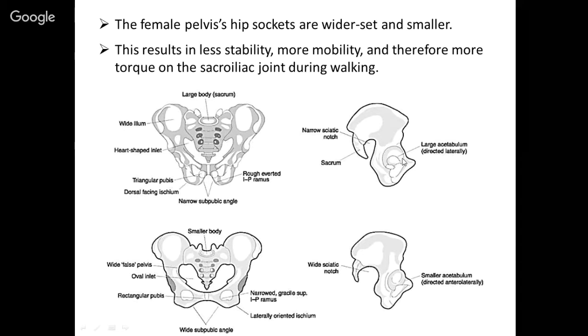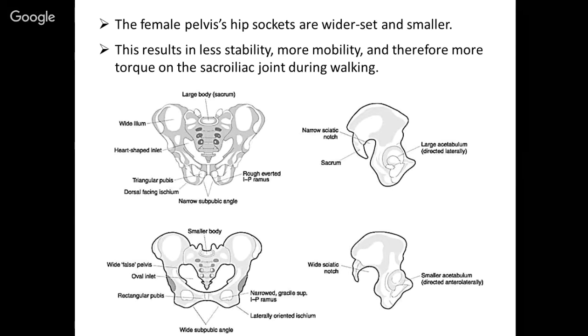And then if you look at the actual hip socket where the femur fits in, on the male, it's larger and it's more lateral to the side of the body, and in the female, the hip socket is smaller and it's more forward, which is why we have more range of motion, because the femur doesn't fit so deep into the cup. You could compare it to the cup of the acetabulum itself.